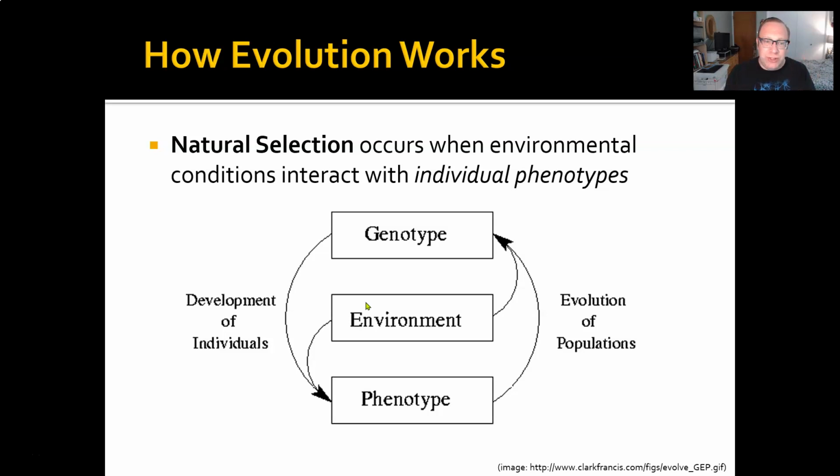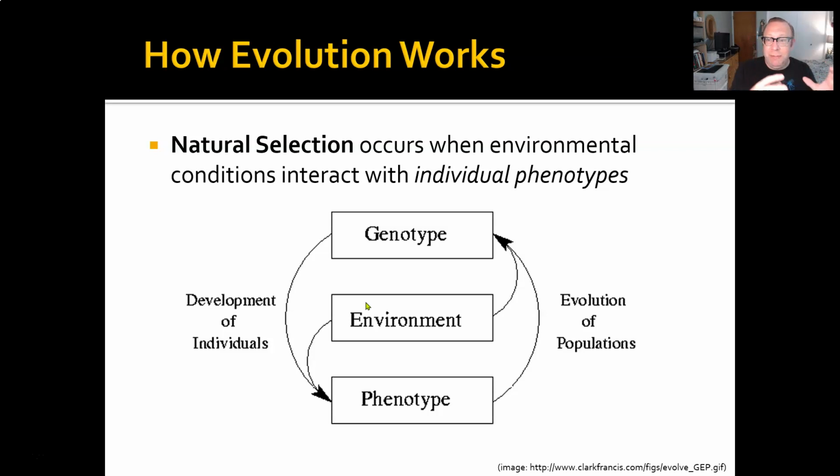So it starts in your genotype. And of course, your genotype not only interfaces with the environment to produce the trait, but that trait itself is in the context of an environment in which it will either be adaptive or not adaptive.